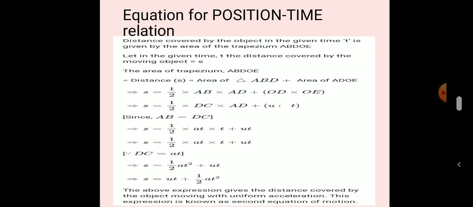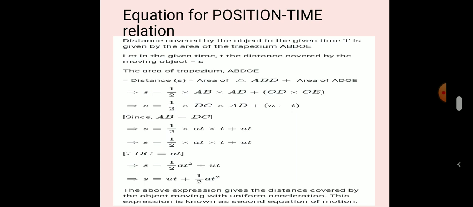For that you can refer to equation 1. And we know that AD is T. So we can write S is equal to 1 half AT into T plus UT. Now just multiply and you will get S is equal to 1 half AT square plus UT. Rearrange this equation, you will get S is equal to UT plus 1 half AT square.